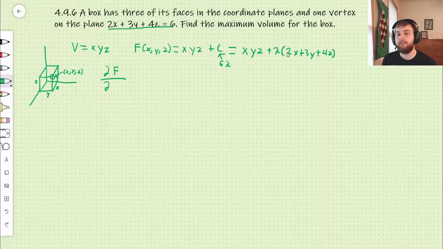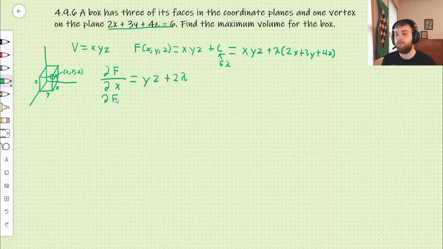Remember, since this is a constant and we're adding it, the maximum value of f is going to occur at the same xyz point as for our original function. So del f del x is going to be yz plus 2 lambda.